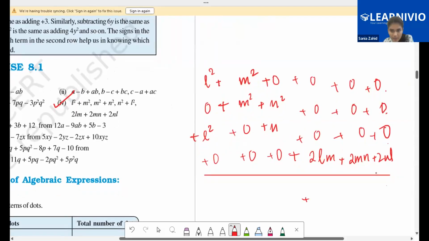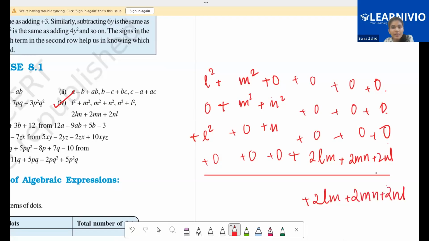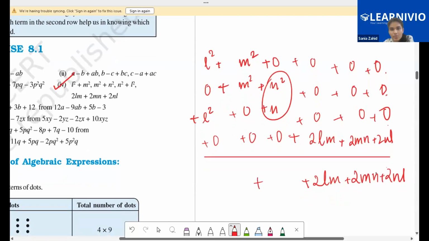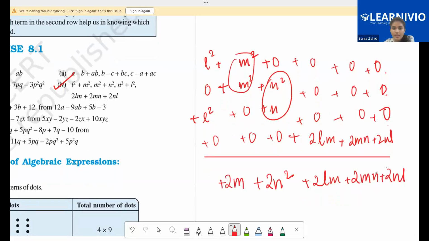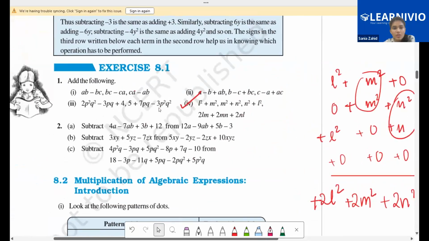Here you will get the same numbers only. Here what you will get? 2N square. Here what you will get? 2M square. And next 2L square. Right? So this is how we can solve.